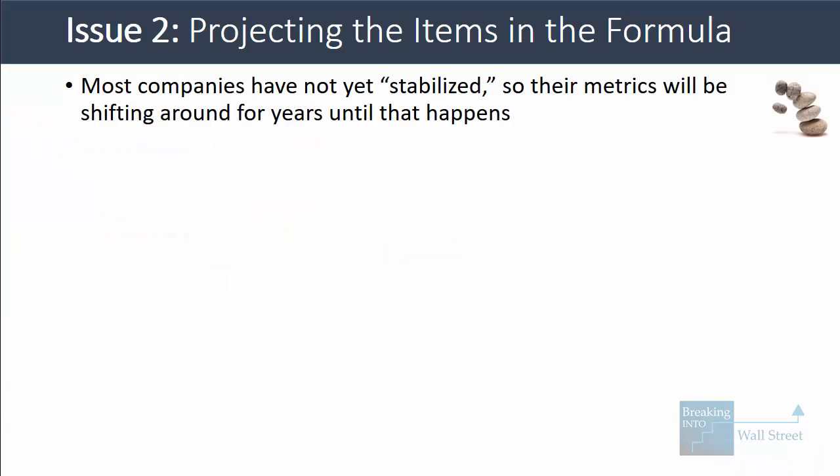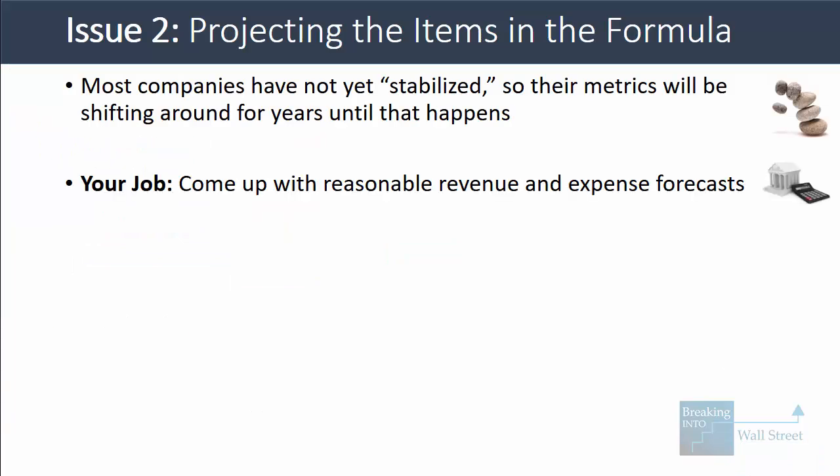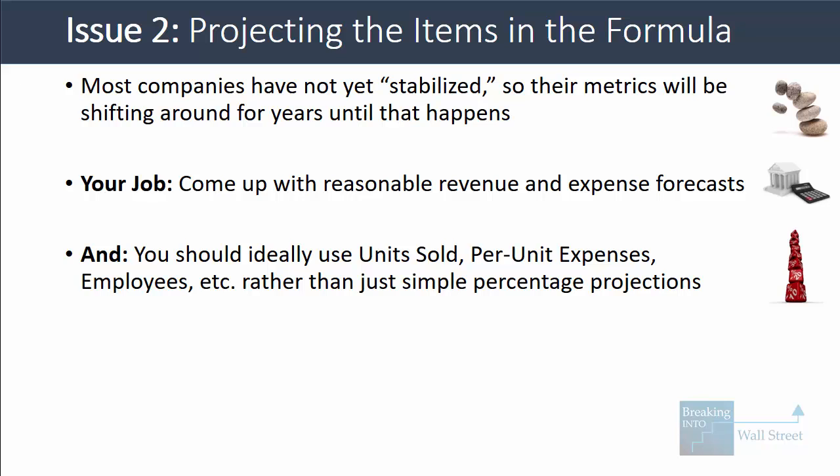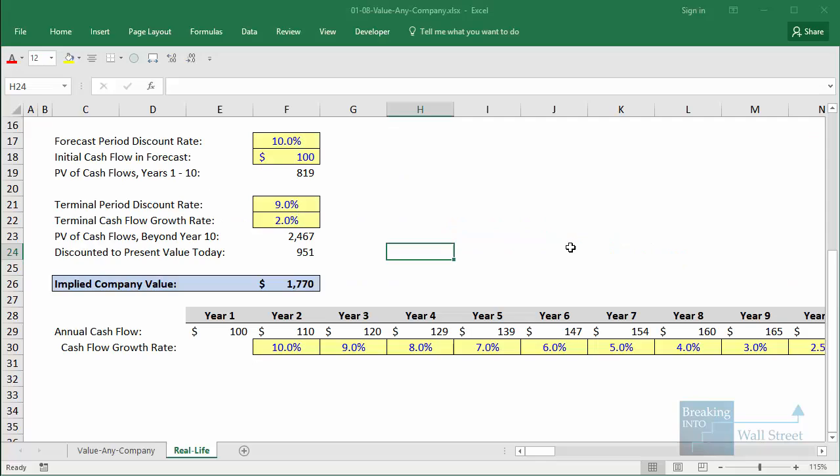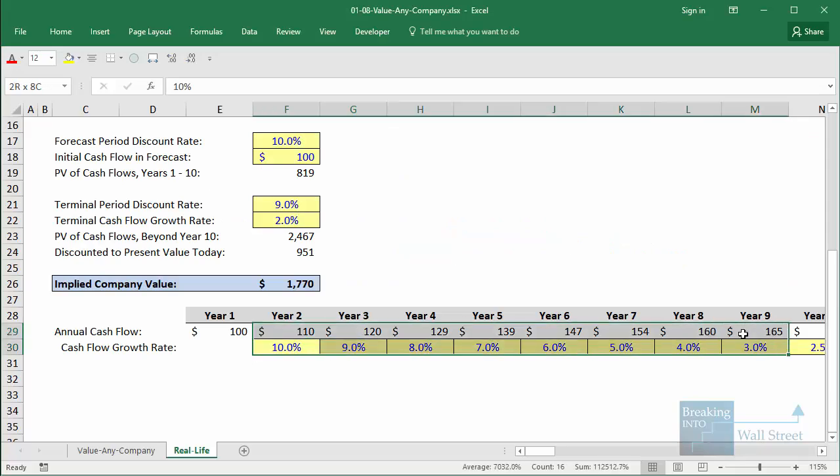And that's all well and good, except for normal companies, it's more complex than that because you have to actually estimate their revenue and expenses and use those to derive the company's cash flow. And you ideally want to use units sold or per unit expenses or the employee count rather than just simple percentage projections. Here, we use simple percentages and said that cash flow grows at 10% or 9% or 8% just to introduce the concept.